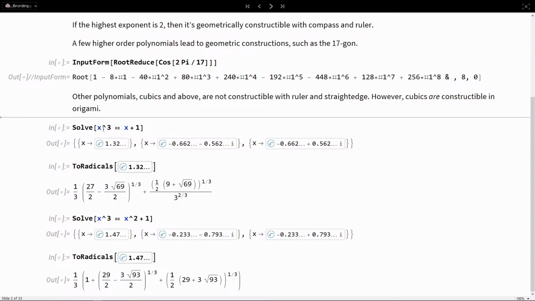Here are two examples: x to the third equals x plus 1, which is the plastic constant, and x to the third equals x squared plus 1, which is the super golden ratio. These are not constructible in Euclidean geometry. However, they are constructible in origami, because there's an extra trick you can use in origami which allows the construction of cubics.